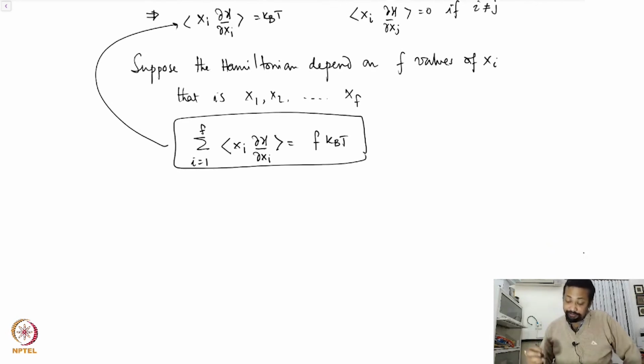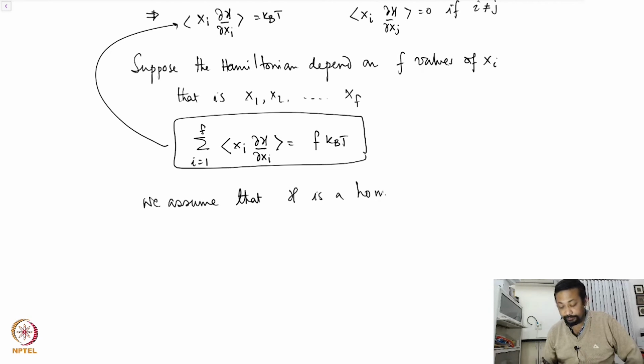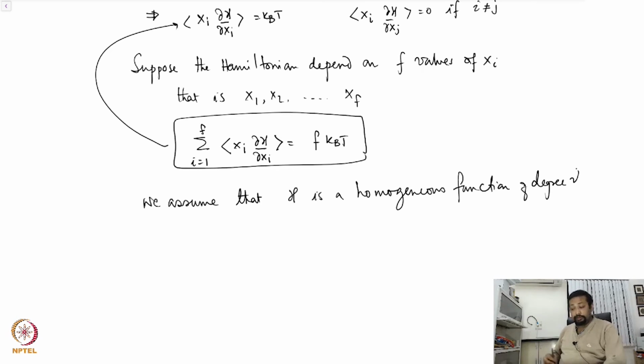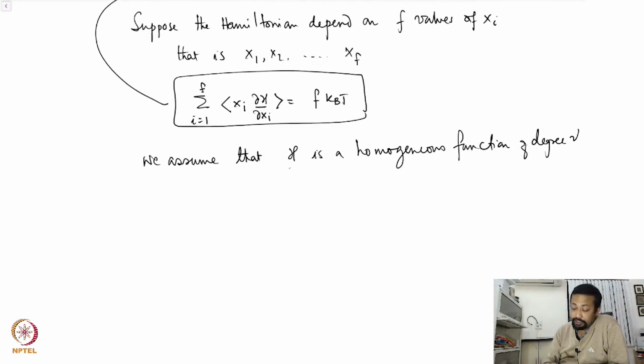Good. Further, we take it one more step. We assume that H is a homogeneous function of degree ν. Normally for the ideal gas we also had this to be a homogeneous function. We just did it a little while ago, or in the earlier class. So H is a homogeneous function of degree ν.